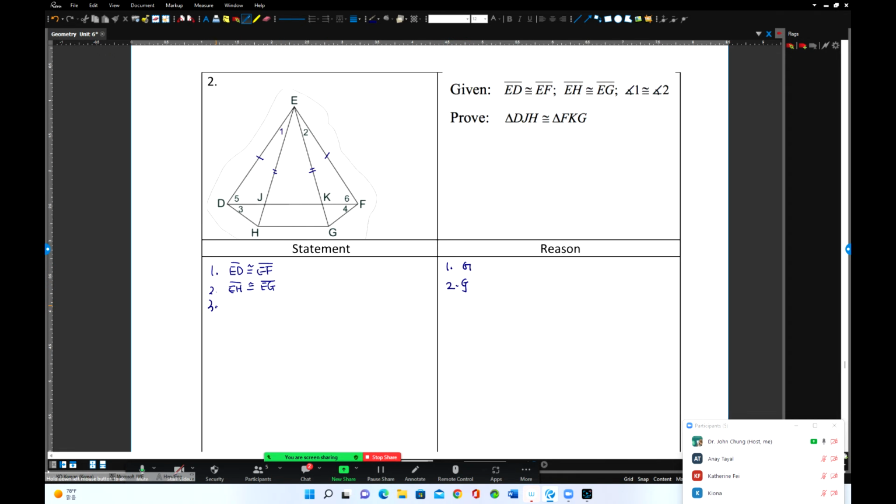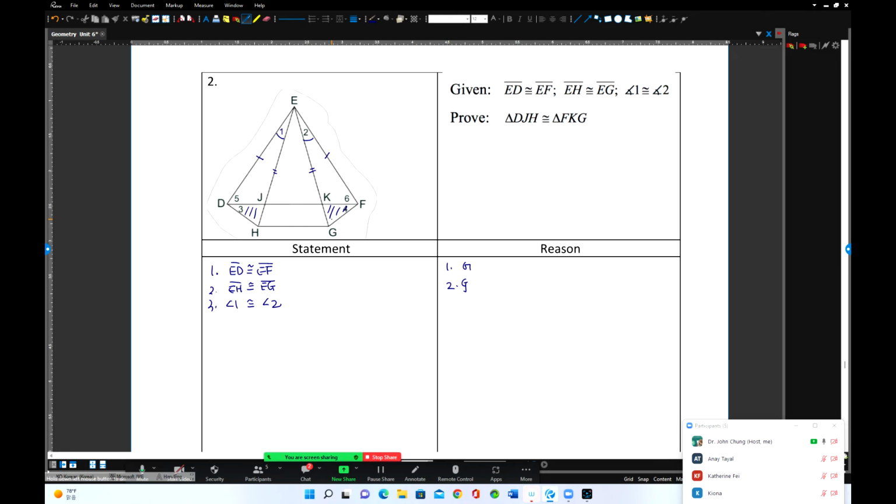And also one more over here, angle 1 is congruent to angle 2. This angle is congruent to this one. But we're going to prove this triangle DJH congruent.